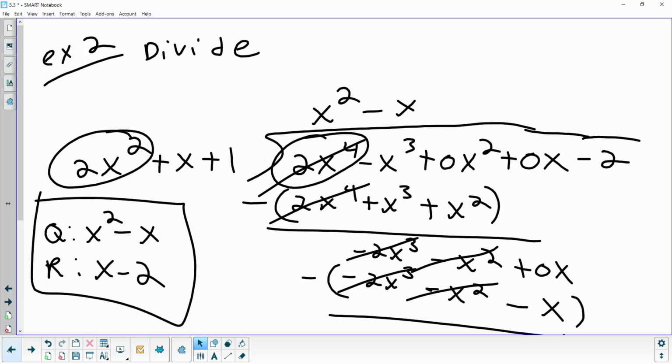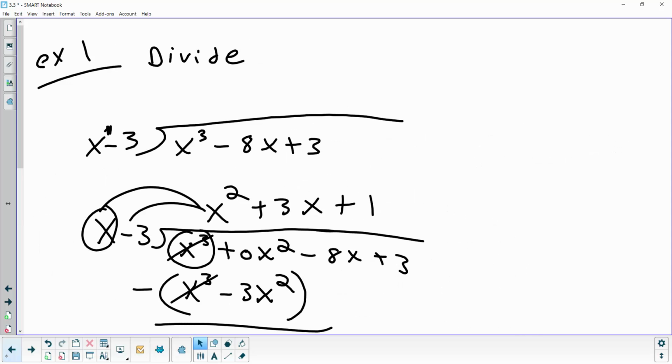My divisor, it has to say x minus and then a number. Oh, no. This is way more complicated. It's 2x squared plus x plus 1. So no. How about this one? Is my divisor x minus a number there? Yes. So then the theorem says you can take the number after the minus sign, fill it into what you're dividing into, and it will tell you the remainder.